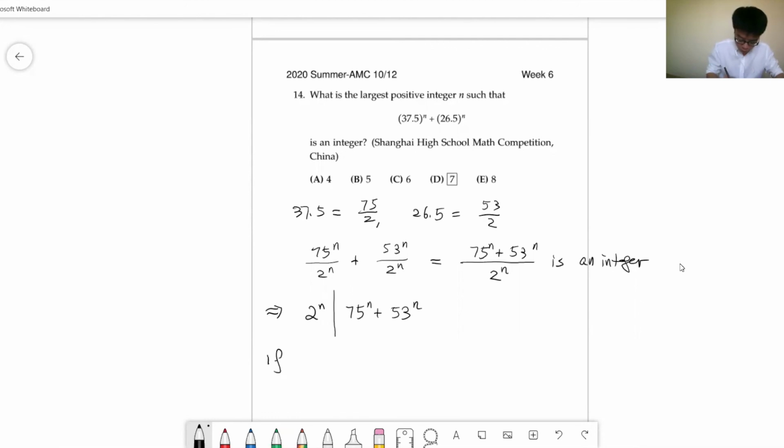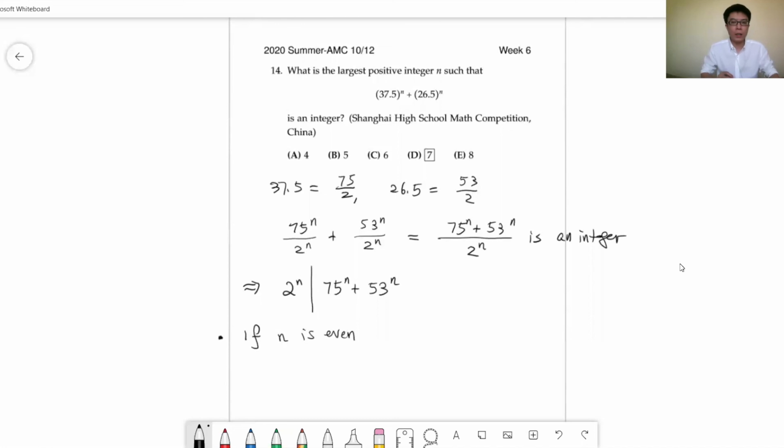So case 1, if n is even, we know both 75 and 53 are odd numbers. We have 75^n is (74 plus 1) to an even power. So n may be equal to 2k, for example.